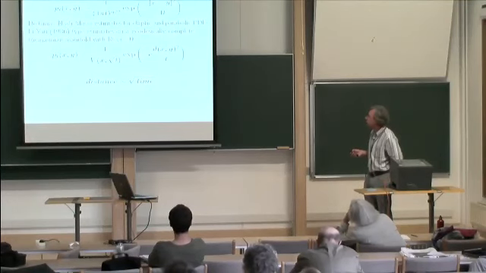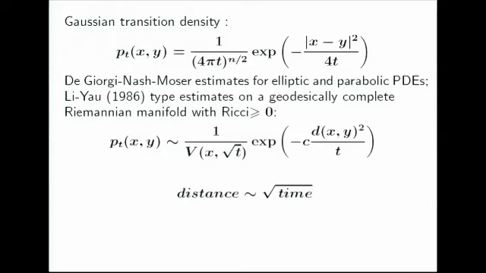So speaking about this Gaussian transition density, later De Giorgi, Nash, and Moser proved that a similar kind of transition density exists for elliptic and parabolic PDEs, for non-continuous coefficients, and so on. And then Li and Yau obtained a famous result that on any geodesically complete Riemannian manifold with non-negative curvature, you also have estimates for transition probability of a similar kind.